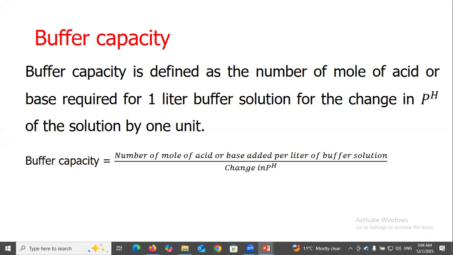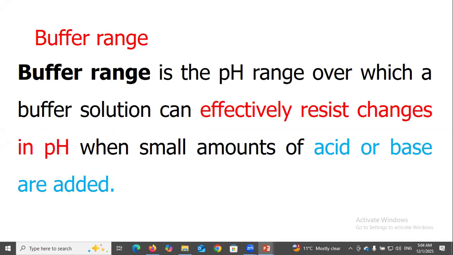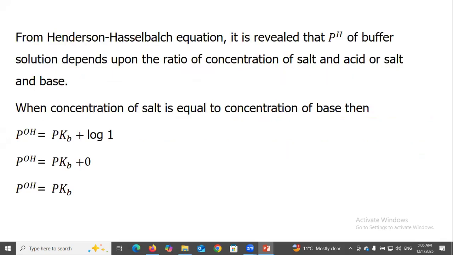Buffer capacity equals the number of moles of acid or base added per liter of buffer solution over the change in pH. Buffer range is the pH range over which a buffer solution can effectively resist change in pH when a small amount of acid or base is added.